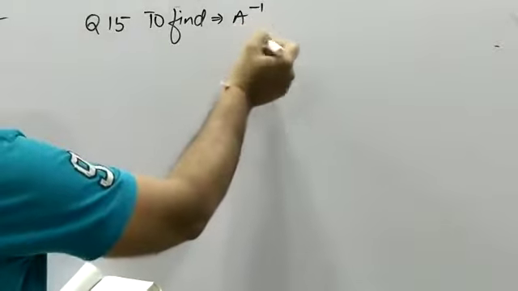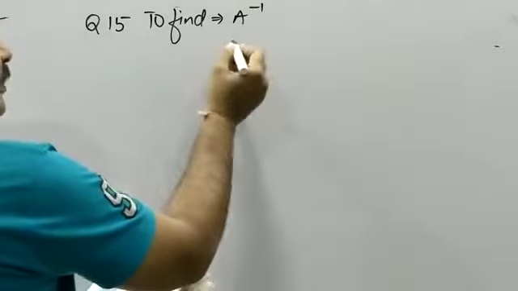Now, this is exercise 3.4 in which we have to find A inverse, the inverse of a given matrix, when the matrix is 3 by 3, meaning the order is 3 and the rows are 3. A 3 by 3 matrix is given.